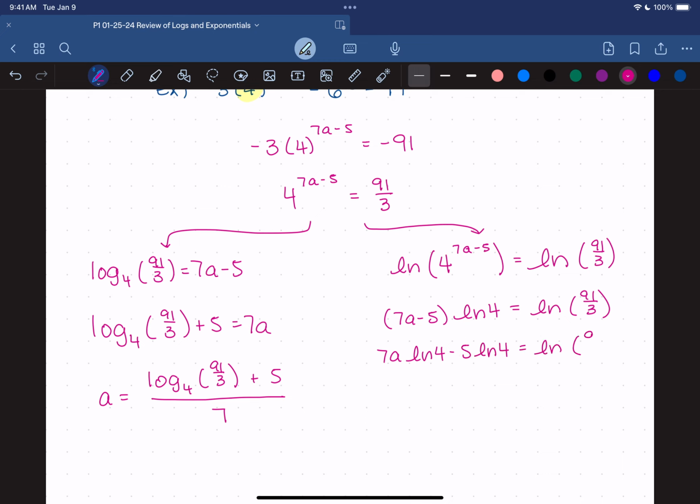And then on the other side, that stays the same. And then I can add the 5 natural log of 4. So I add on the right-hand side 5 natural log of 4. And then finally, to get the a by itself, I can divide by 7 natural log of 4.